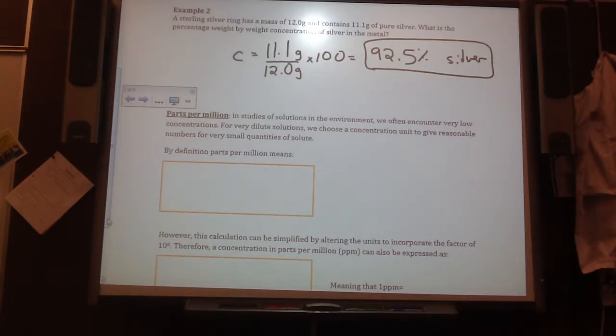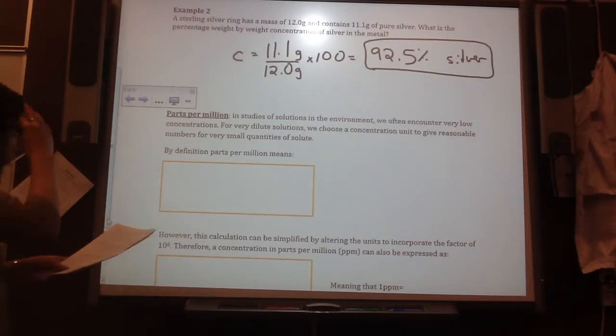So in studies of solutions in the environment, we often encounter very low concentrations of toxins. For very dilute solutions, we choose a concentration unit to give a reasonable number for very small quantities. So this is our parts per million.